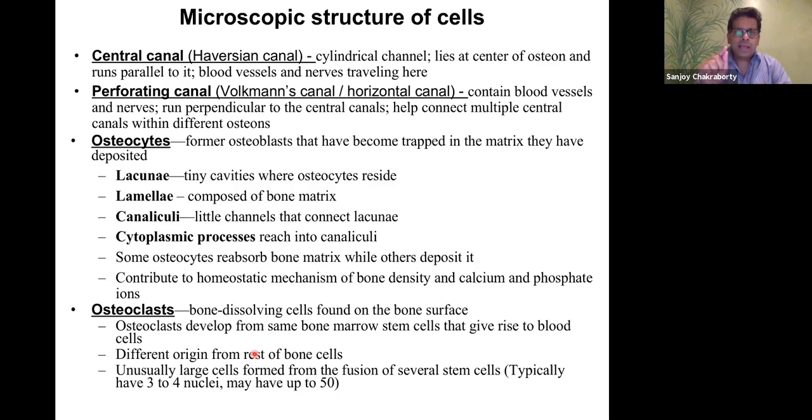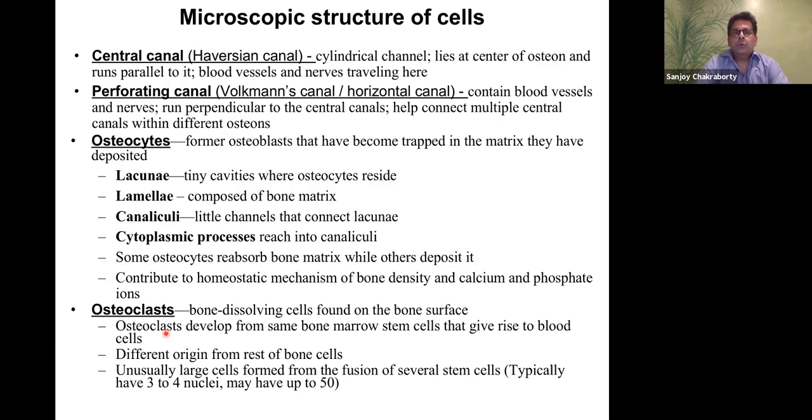By the way, I forgot to mention: when osteoclasts take away calcium from the bone, that phenomenon is called resorption of bone. You can find this terminology not in the slide, but in the book.